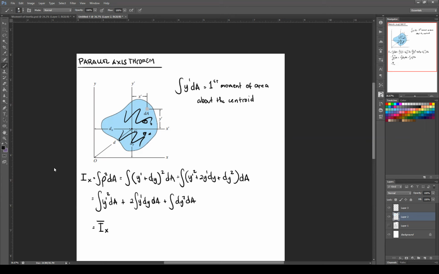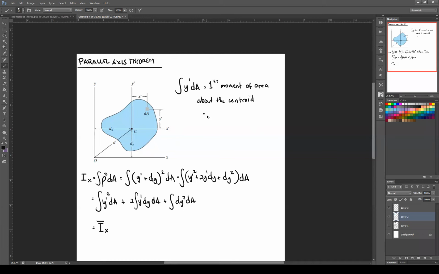The reason it's 0 is because area above equals area below for a centroidal axis, and distance above is positive while distance below is negative. So the summation of positive and negative, if they are equal, is 0.